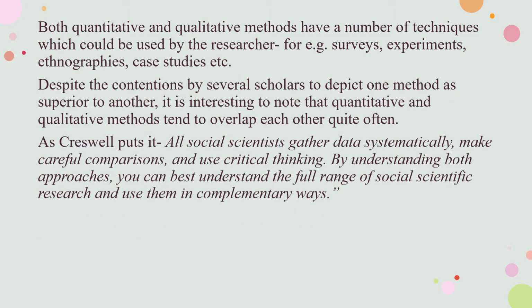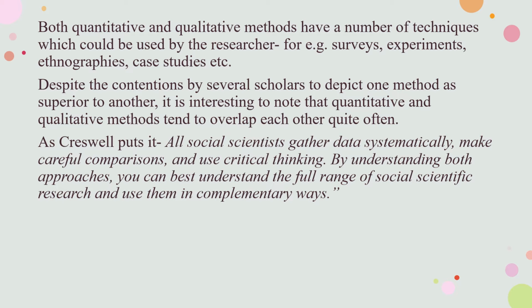Both quantitative and qualitative methods have a number of techniques which could be used by the researcher. For example, surveys, experiments, ethnographies, case studies, etc. Despite the contentions by several scholars to depict one method as superior to another, it is interesting to note that quantitative and qualitative methods tend to overlap each other quite often.